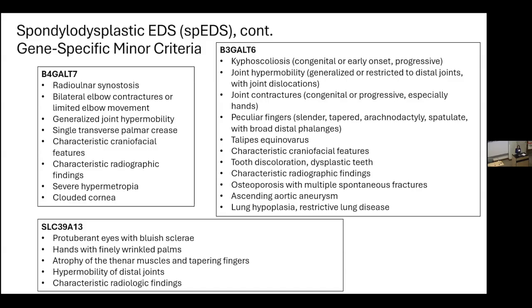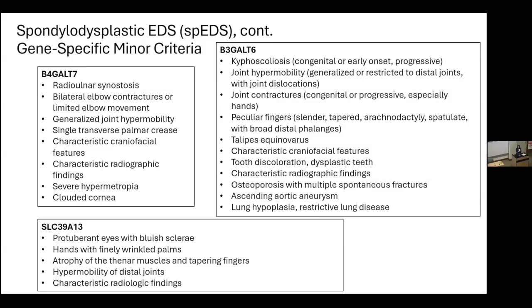The B3GALT6 may present with ascending aortic aneurysm. So this gets you into, like, when you're thinking about the aortopathies, and they have club foot as well in B3GALT6. And then in the SLC39A13, there's a characteristic facial appearance with prominent eyes, blue sclerae, and those finely wrinkled palms of the hands.